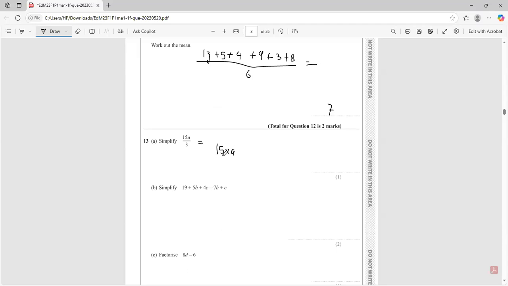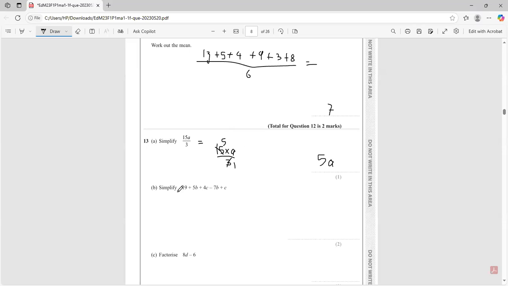So if I divide 15a by 3, I'm free to say 3 into 15 is 5. So my final answer will be 5a. Are you good with that? Yes.